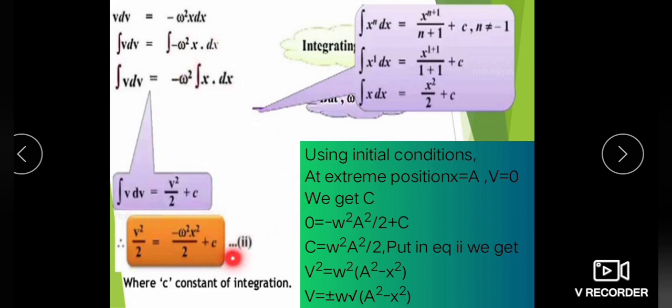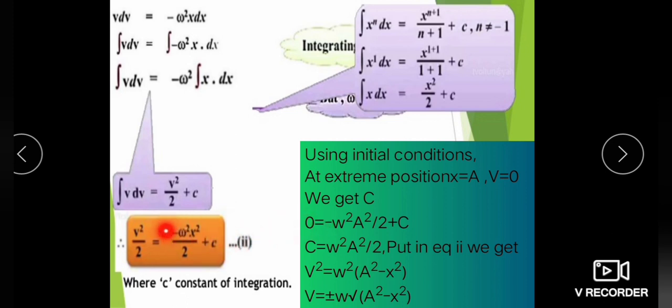Substitute these values, and c is the constant of integration. It depends upon the initial conditions. At the extreme position, we know these initial conditions. For a pendulum, at the extreme position, it stops and comes back to the original position. Hence, at x equal to a, v equal to 0, and hence we get c as.